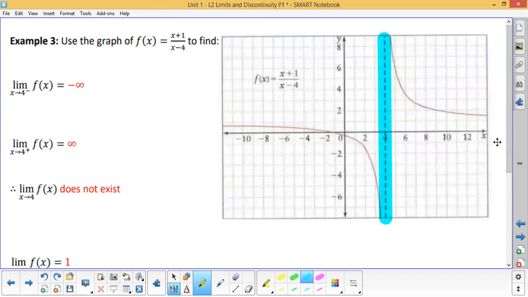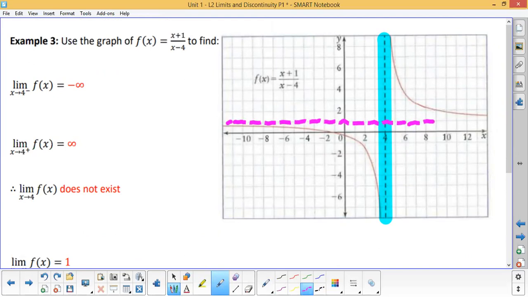Now, the leading terms for both our numerator and denominator are 1, so I do expect a horizontal asymptote at y is equal to 1. So I'm just going to do a dotted line right over here. So we have a vertical asymptote and a horizontal asymptote.